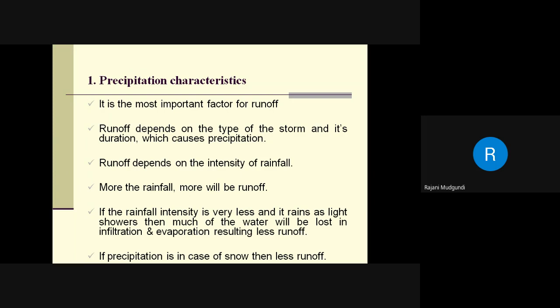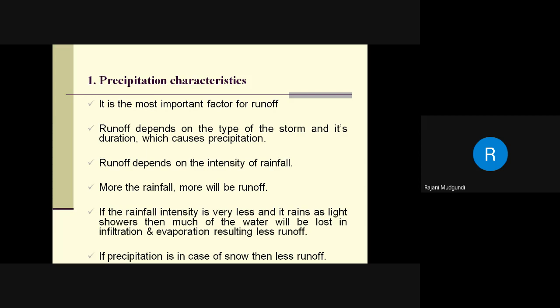More rainfall means more runoff. If the rainfall intensity is very low, like light showers, then much of the water will be lost in the form of infiltration, absorption as well as evaporation, which will result in less runoff.